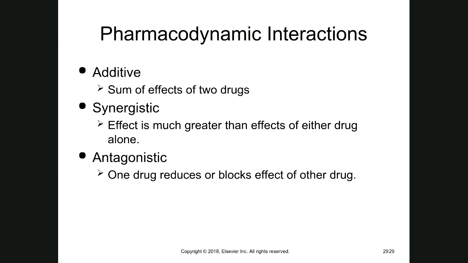The physician most likely will already know about the situation, but if at all possible, always use the lowest level of pain medication possible. And you have the synergistic and the antagonistic.